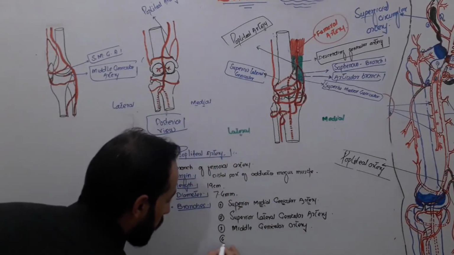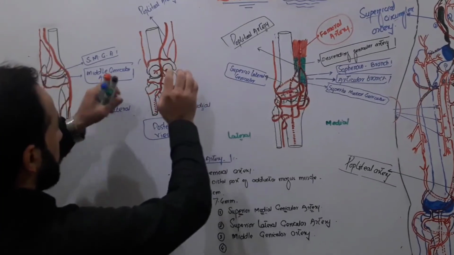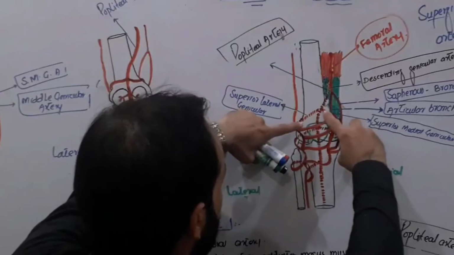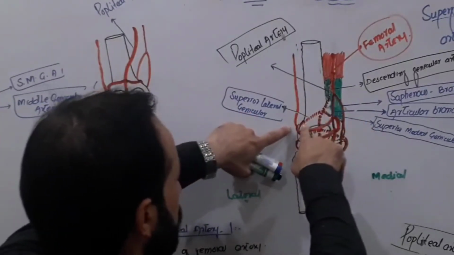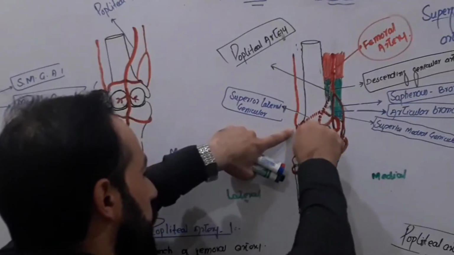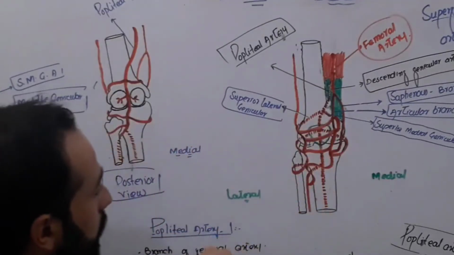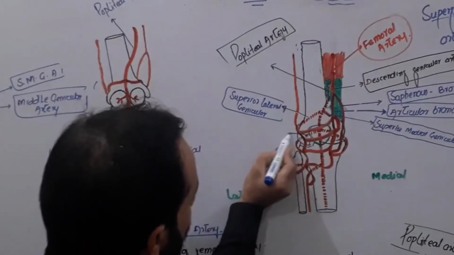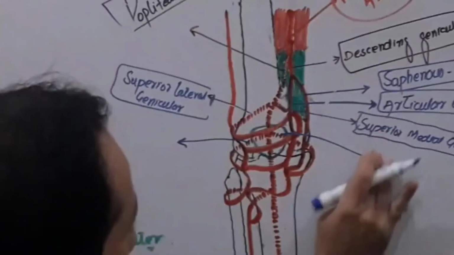Okay friends, then the fourth branch from this popliteal artery. Look here friends, there is superior medial genicular artery, there is superior lateral genicular artery, then on the central point there was middle genicular artery, and you can see this artery, this one and this one.